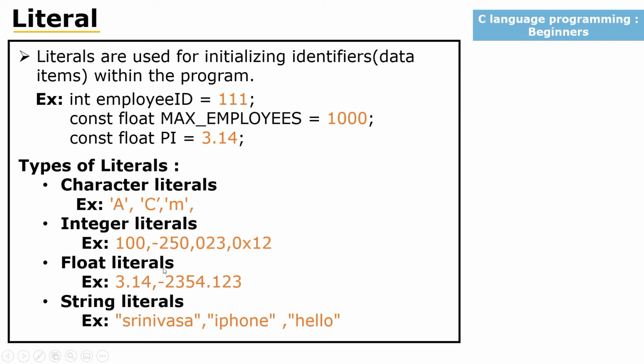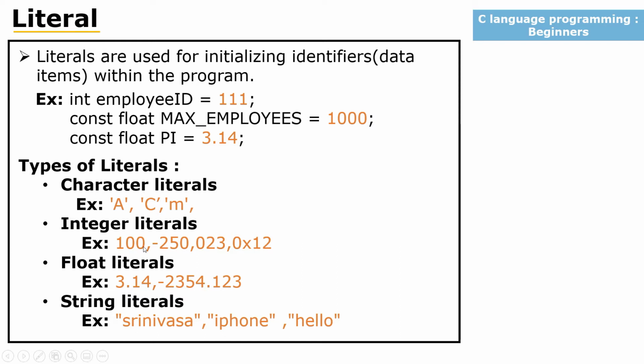And coming to the float literals, if you want to initialize the data item with float values like this, then we need to take float literals. And coming to the string literals, if you want to initialize the data items with string values, then we need to take string literals like this.